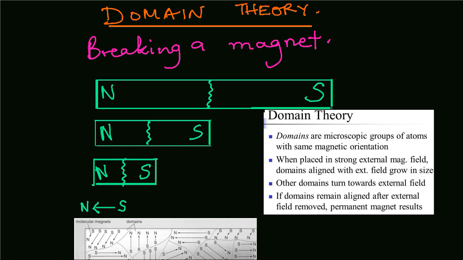So when we take a single magnet, for example a bar magnet, and we break it into two equal portions, we end up with a pair of magnets with both the north and south poles. The process of breaking a magnet can be continued as long as there is a magnet to be broken.